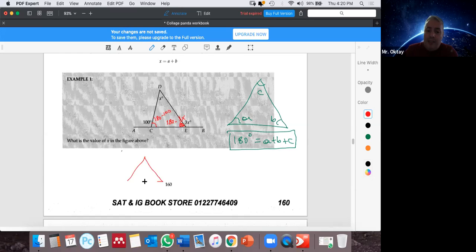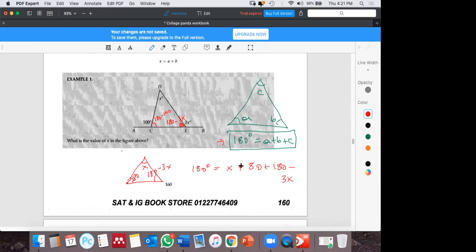So this is 180 minus 3x, and this is x. By using this rule, the sum of interior angles of any triangle, x plus 80 plus 180 minus 3x, and then with the calculation, you get the same result. Anything to ask me?